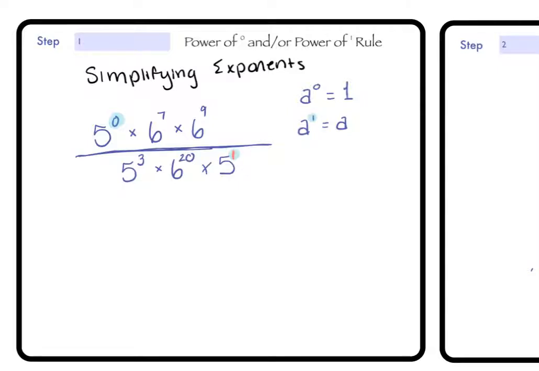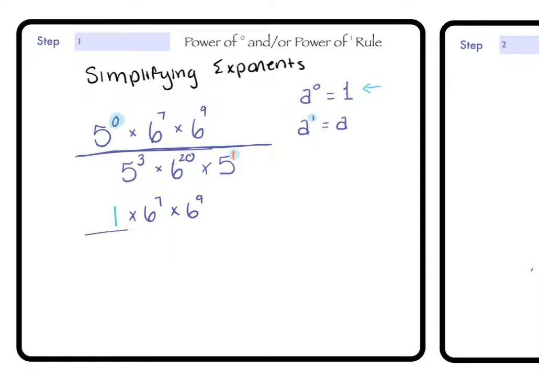What I'm trying to say with this step 1 is that we're going to take care of those first. So 5 to the 0 power changes to be 1, because that's what my rule says. Everything else stays the same, so times 6 to the 7th times 6 to the 9th.